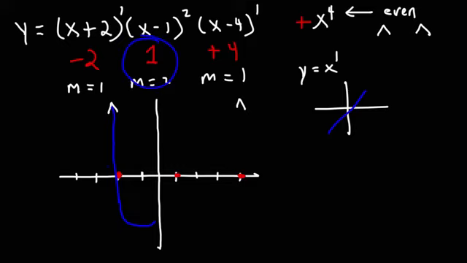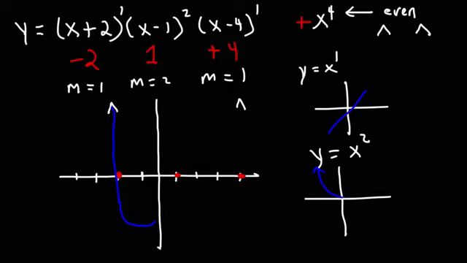For this one, the multiplicity is 2. So think of the graph y equals x squared. The behavior of the curve at the x-intercept is going to look like this. So therefore, we're going to bounce off the x-intercept. So we're going to draw something that looks like a y equals x squared graph there, but upside down.